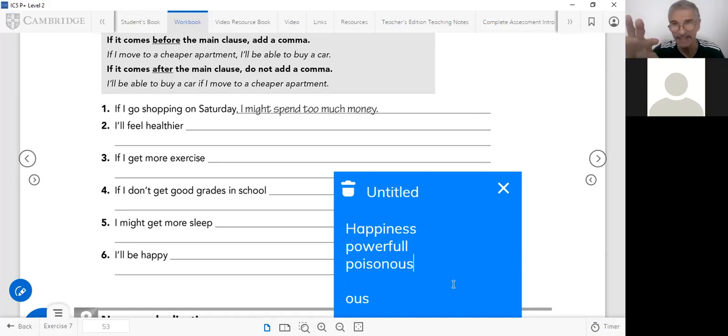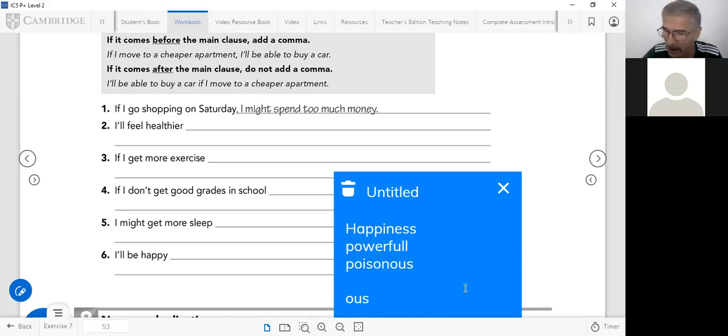Do you understand the idea? What is the adjective? Poisonous. Why? Because it's a condition. But poison is the substance that affects you. So poison is the noun.